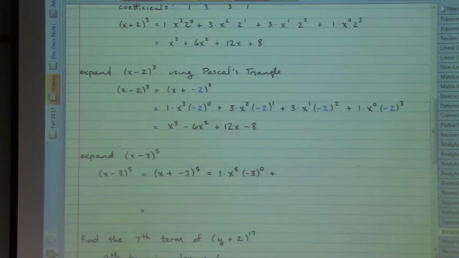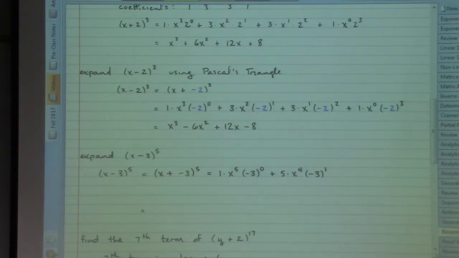So plus, the next coefficient that we have from Pascal's triangle is a 5. Our powers, the first goes down, the second one goes up. So the power on the x drops down to a 4. The power on our negative 3 will increase from 0 to 1. Again, we also have that pattern with our exponents.